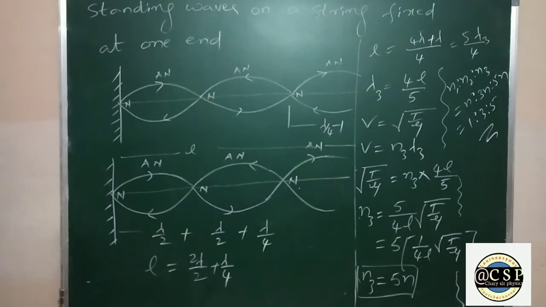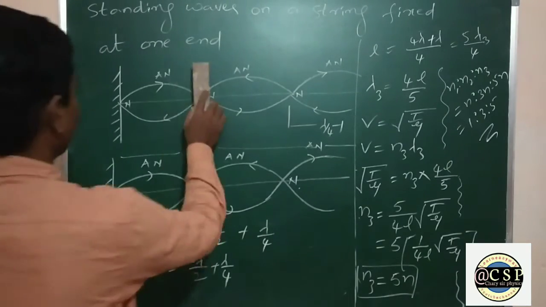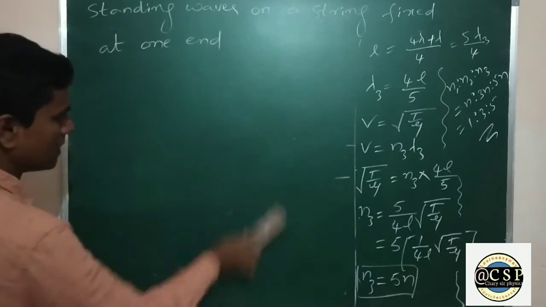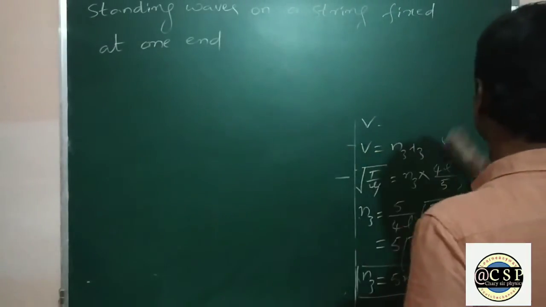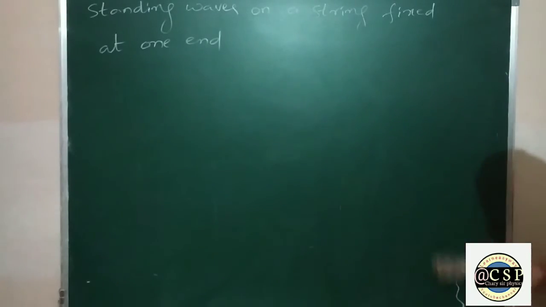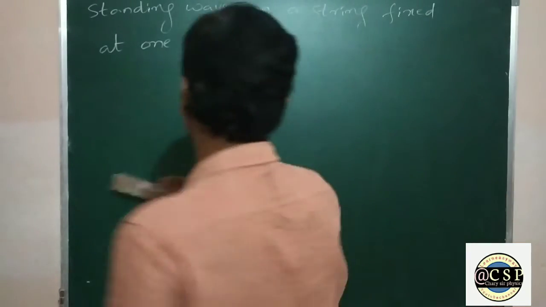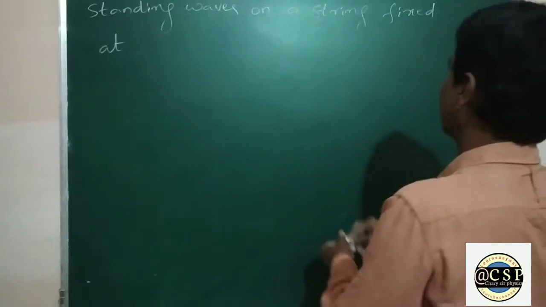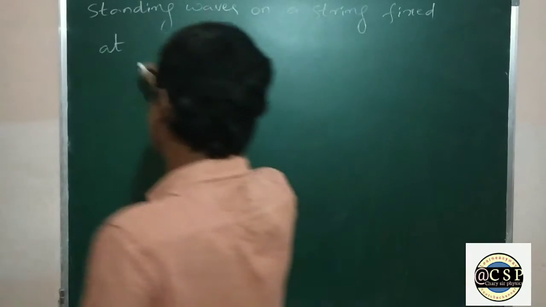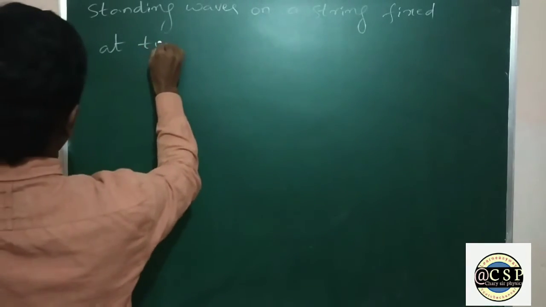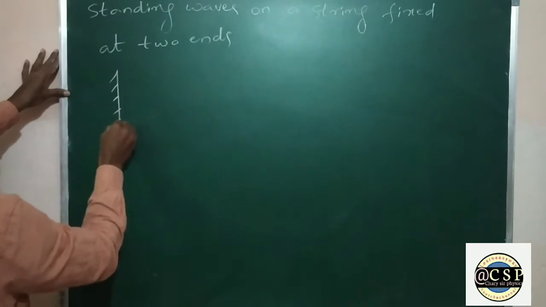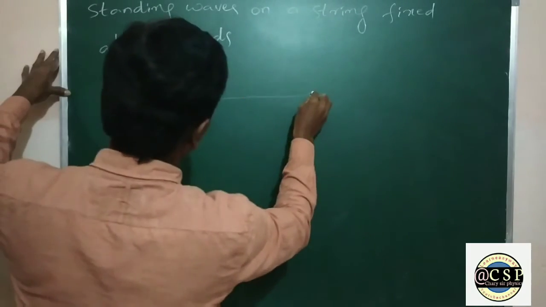And we are going to discuss the standing waves on a string fixed at 2 ends. A string fixed at 2 ends means like this, 2 rigid supports we are taking here.